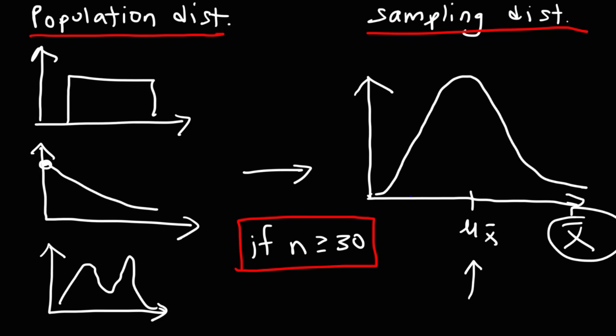So let's say we wish to calculate the probability that a sample taken from the population is somewhere between A and B on this graph. We could use the z-tables to get the area under the curve and thus the probability that the sample mean is between A and B.